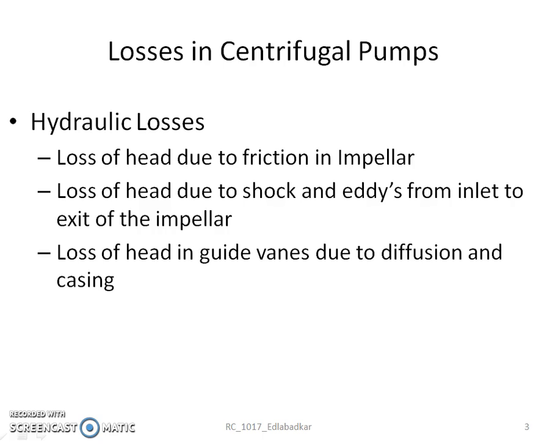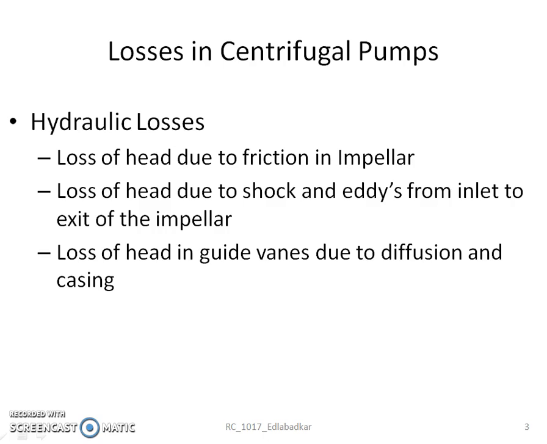And there is a third one that we call loss of head in guide vanes. Guide vanes are the stationary vanes, which guide the fluid from exit of the impeller to the entry of the casing. So the loss of head is there because of diffusion and casing.